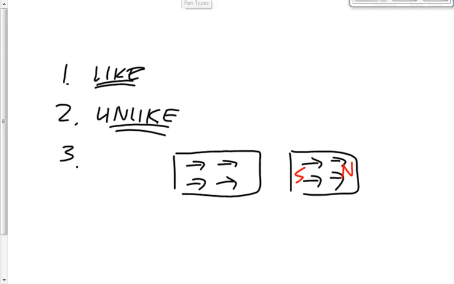Temporarily, this table leg or whatever it is develops a polarity with the side that's closest to this guy causing it to become a temporary magnet, opposite poles. And we know that opposite poles attract. So in the end, magnets attract non-magnetized ferromagnetic materials essentially because north attracts south, and south attracts north. Right, Mandy?